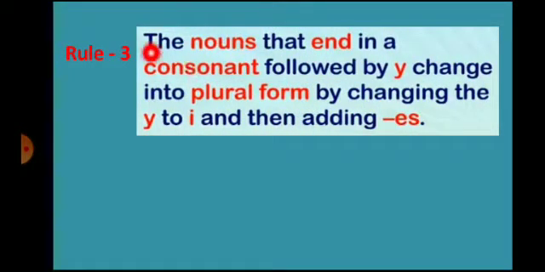Now what is rule number 3? Rule number 3 is the nouns that end in a consonant followed by y change into plural form by changing the y to i and then adding es. So if there is y at the end and before y there is a consonant, you have to write ies.